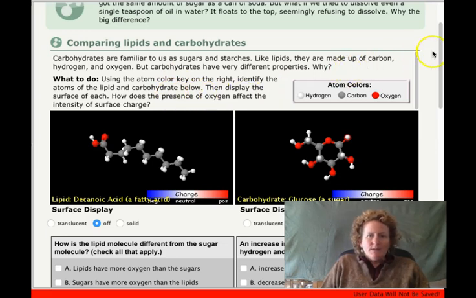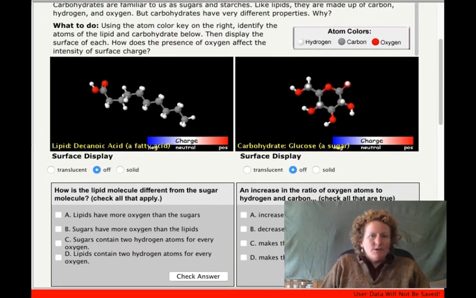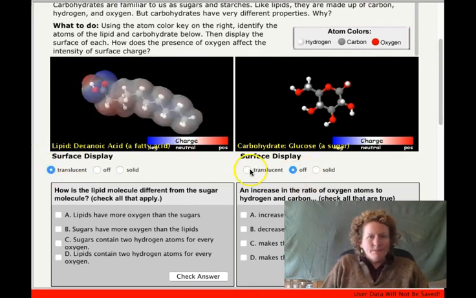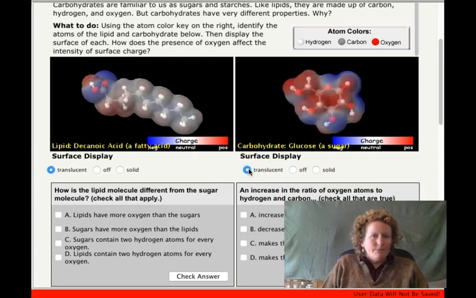Well, let's look at the surface displays here. It's a little bit charged here, the lipid, the fatty acid over here. But look at this. Glucose is lighting up like a 4th of July parade.